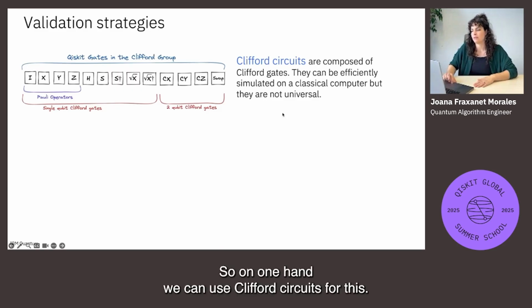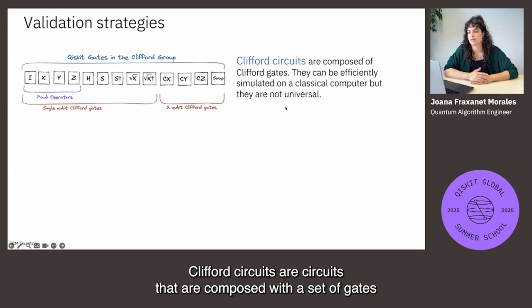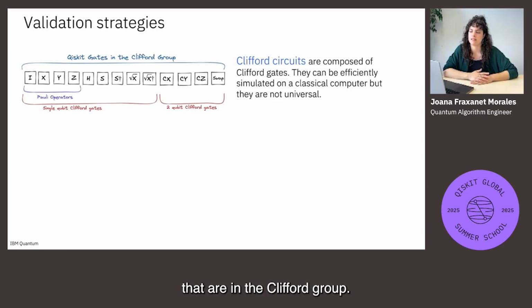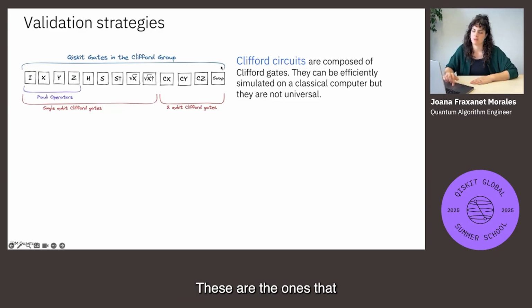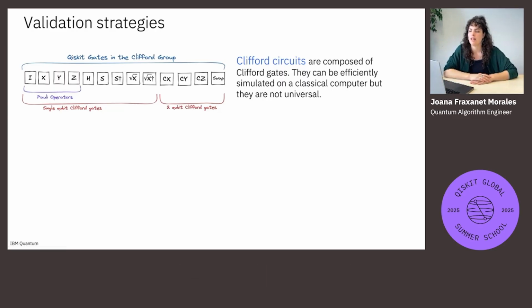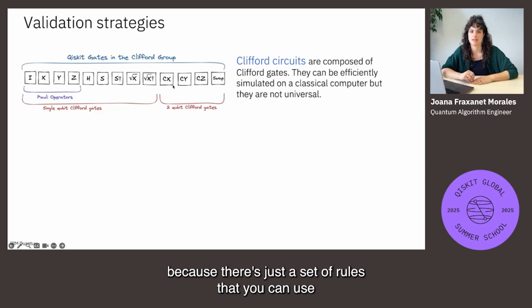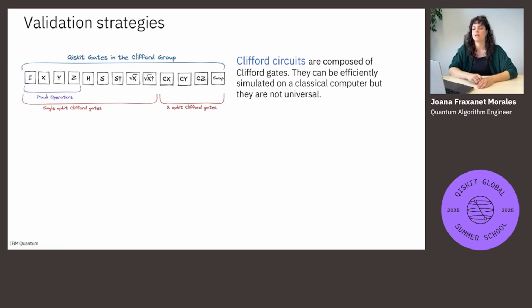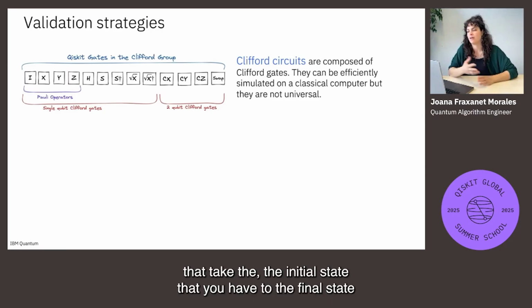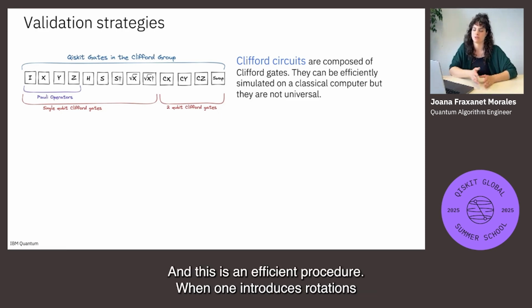On one hand, we can use Clifford circuits for this. Clifford circuits are circuits composed of gates that are in the Clifford group. These are the ones shown in the slide. Any circuit composed of these gates can be computed classically because there's just a set of rules that take the initial state to the final state after implementing those gates, and this is an efficient procedure.